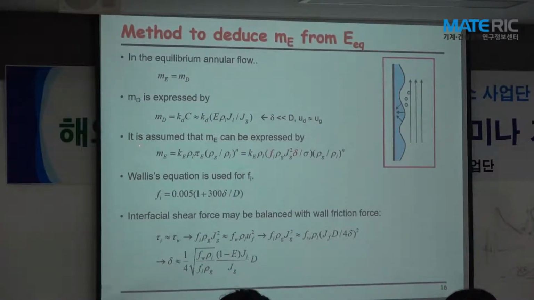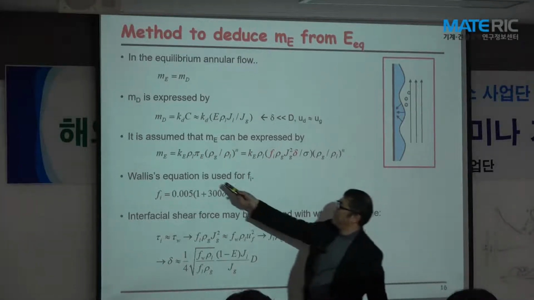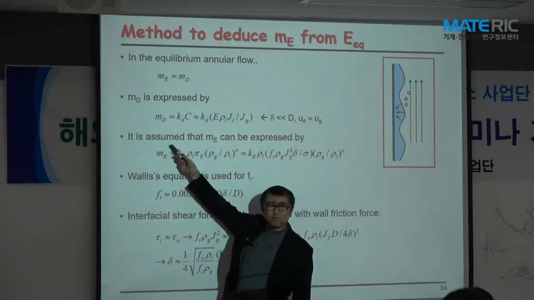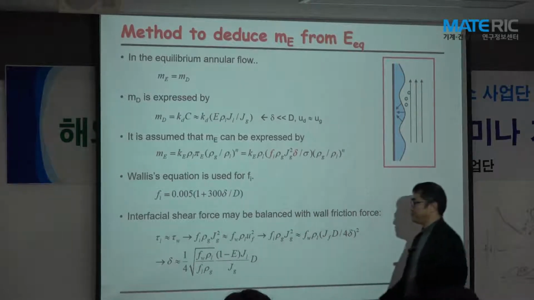And also, it is assumed that the entrainment rate is expressed by this functional form. The most important one is this one, pi sub E. If pi sub E doubles, the entrainment is also doubled. This is the basic concept.